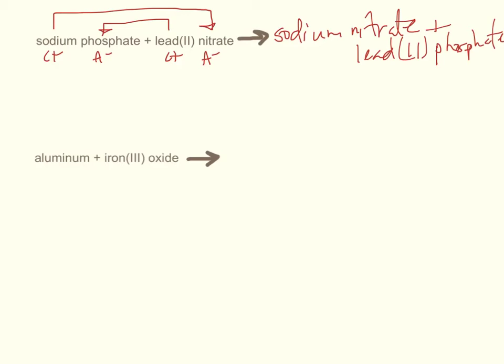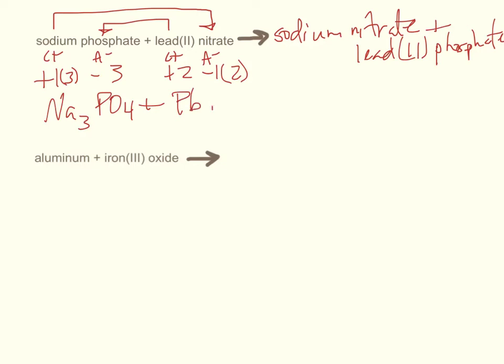Sodium phosphate, that's an ionic compound. Sodium is a +1, phosphate's a -3, so that means I need 3 sodiums, so I have Na3PO4 plus lead-2, so that means lead's a +2, nitrate's a -1, so that means I need 2 nitrates, so I have Pb(NO3)2, and I have 2 of those.